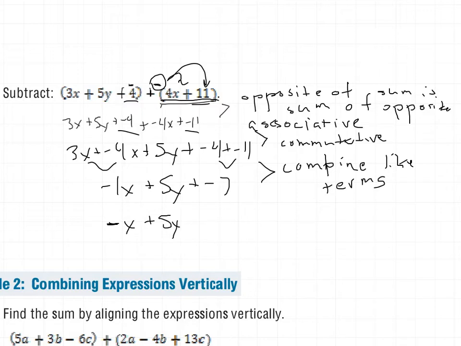So adding the opposite is the same thing as subtracting the positive value. And so we could just write our justification here. Subtraction adding opposite.